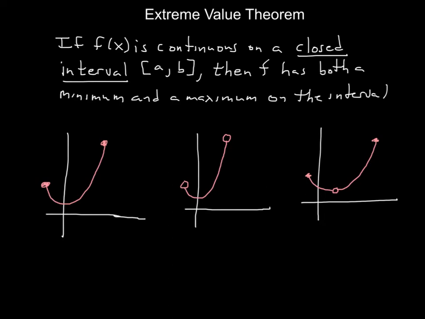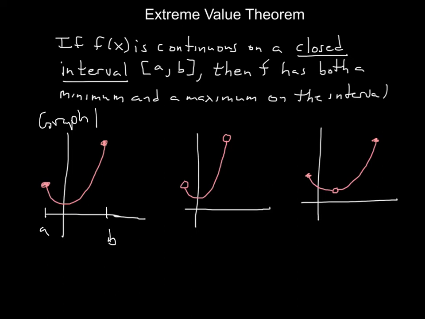Let's look at this first graph, which we'll call graph 1. Graph 1 is continuous on the interval from a to b, so there's a, and here's b.